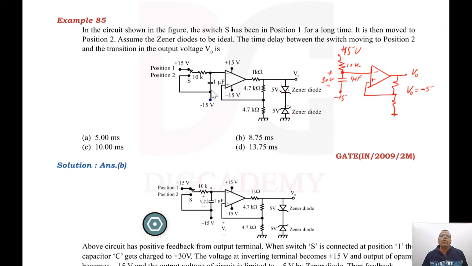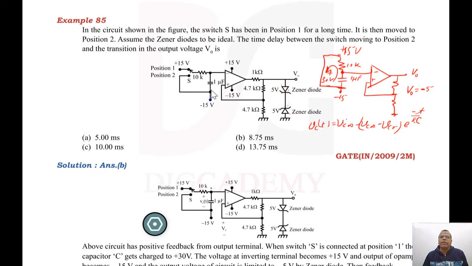Now when you are changing the switch from 15 volt to this, it means you are connecting this from here to here, you can see the switch. So the capacitor will start discharging this way, and you have to find the voltage across the capacitor, which is Vc infinity minus (Vc infinity minus Vc0) into e raised to power minus t by RC.